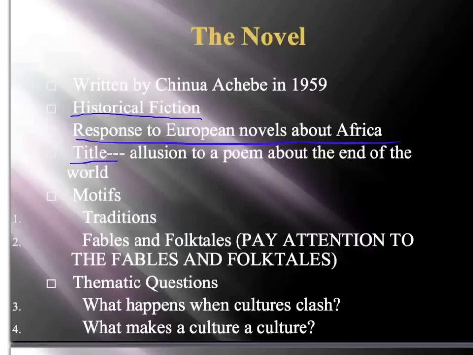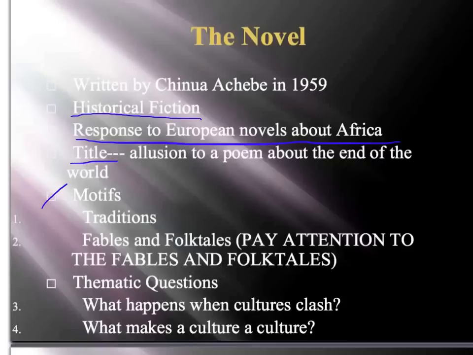Some things I want you to pay attention to while you are reading this novel. First, there are several motifs in this story. A motif, as we've talked about, is an idea or an image that keeps coming up in different ways throughout the story. Traditions is a key idea in this novel. Like I said, Achebe was reacting against this European idea that Africa had no culture of its own prior to its domination by European colonial powers.